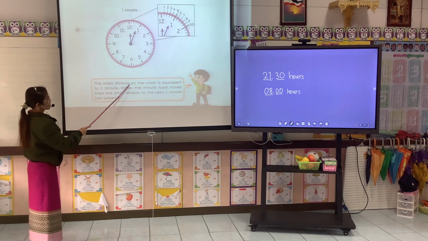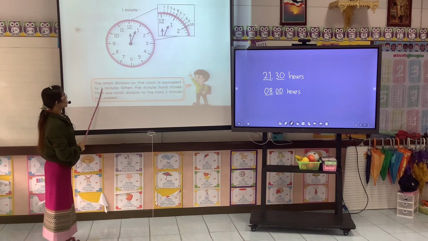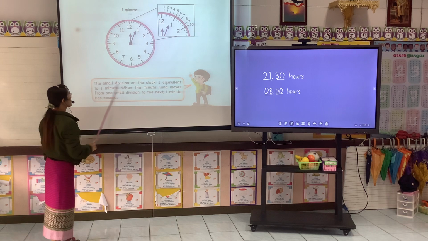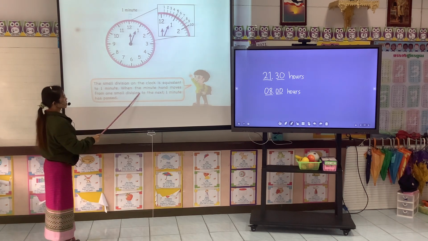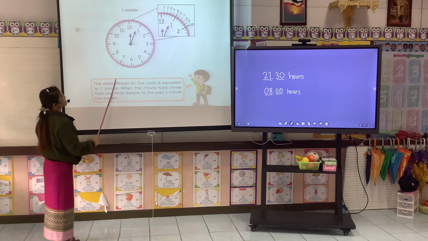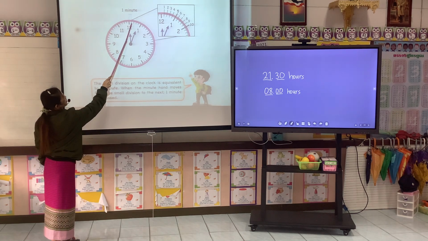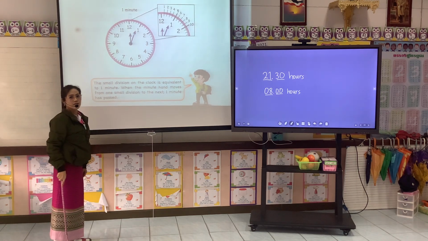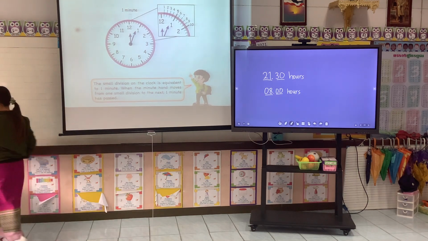The small division on the clock is equivalent to 1 minute. When the minute hand moves from one small division to the next, 1 minute has passed. So 1 minute, 2 minutes, 3 minutes, 4 minutes, 5 minutes. In 1 minute, it is equivalent to 60 seconds.